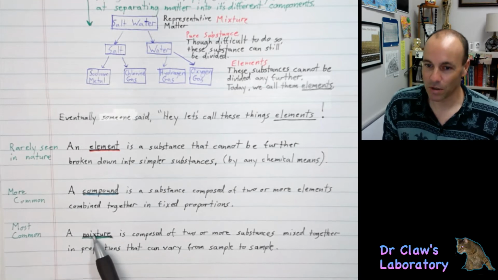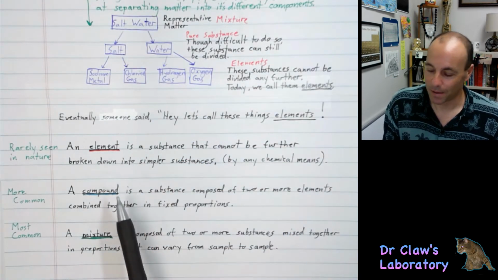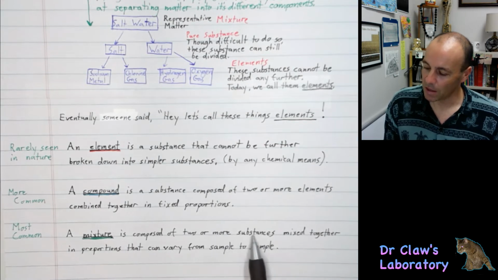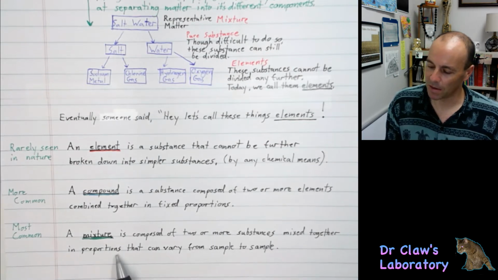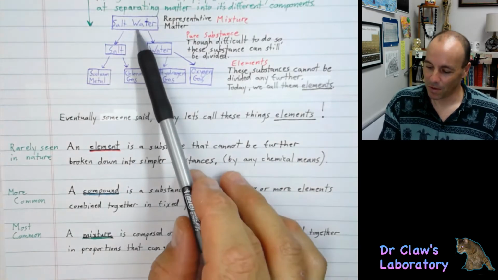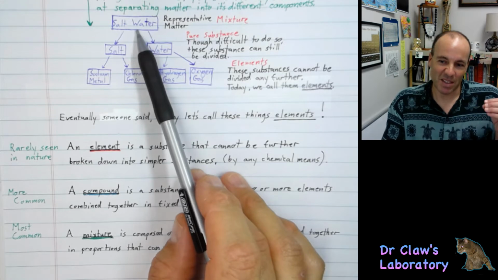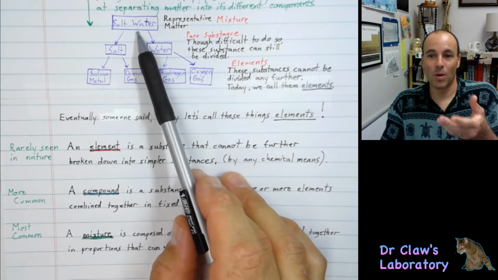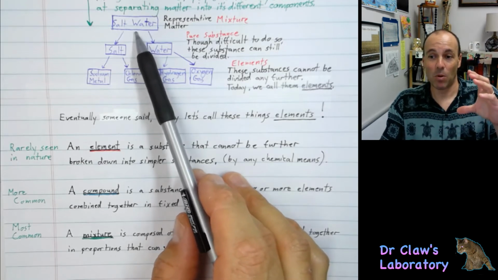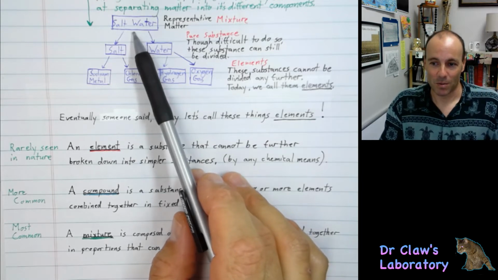Now, a mixture, which is like what we started with up here, salt water, is a combination of two or more substances mixed together, but the proportions can vary from sample to sample. So the salt water that I make might have just a little bit of salt and a lot of water, but the salt water that you make might have a much higher percentage of salt as opposed to water.